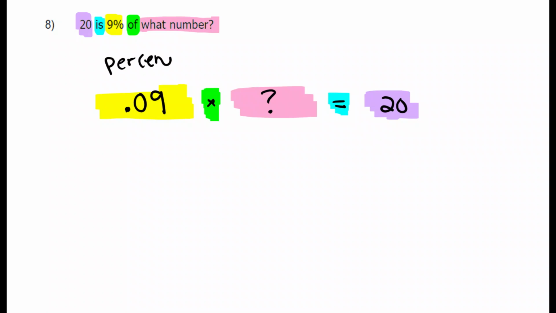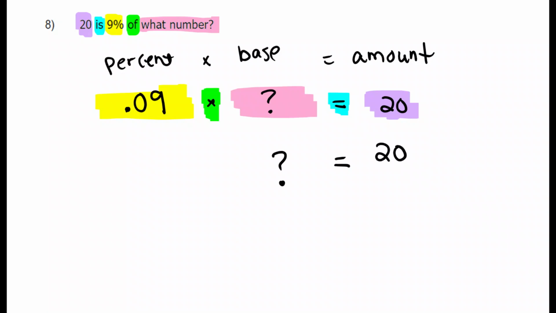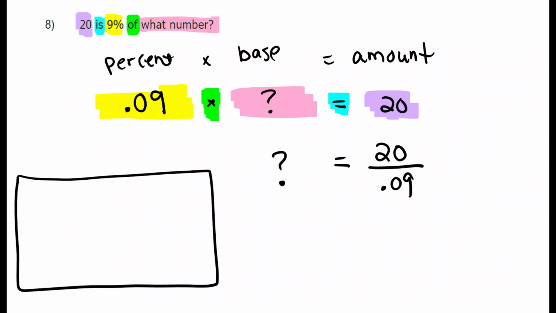And that is in the percent times base equals amount, that formula. So I've identified everybody with highlighters. Now, if 0.09 times some number equals 20, that means the number that I'm looking for is the same thing as 20 divided by 0.09.